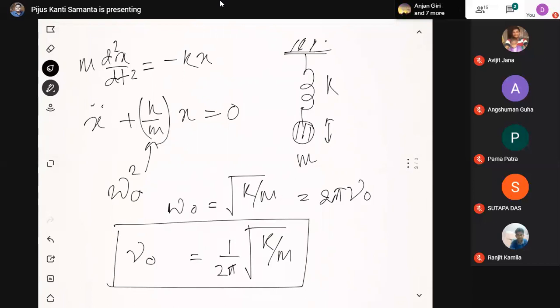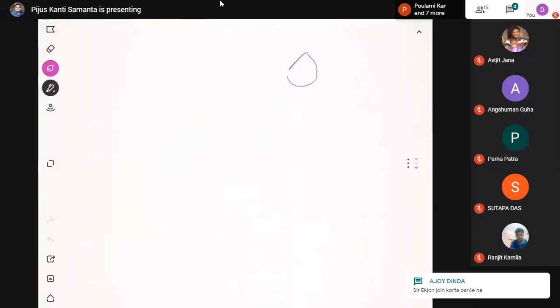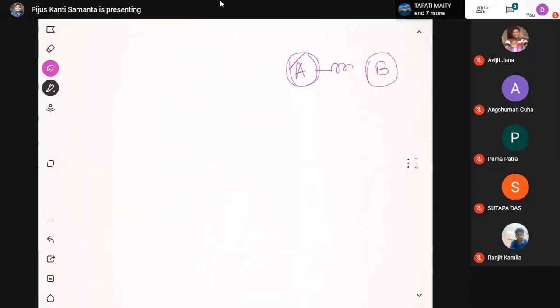Now, in the case of molecules, the situation is quite different, because in molecules you have two atoms. So this is atom A, and we have another atom B, and they are bound together. In this case, we take this as a harmonic oscillator of a single mass with the reduced mass mu equal to m1 m2 by m1 plus m2, right?